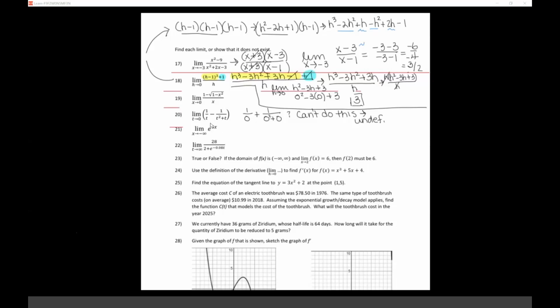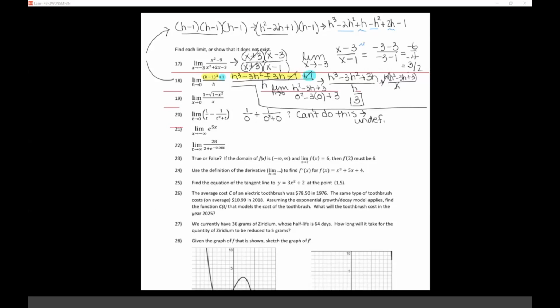Anybody have any thoughts? This is like saying 1/2 minus 1/3. Common denominator. Yes, you can actually do the subtraction. That might simplify things.